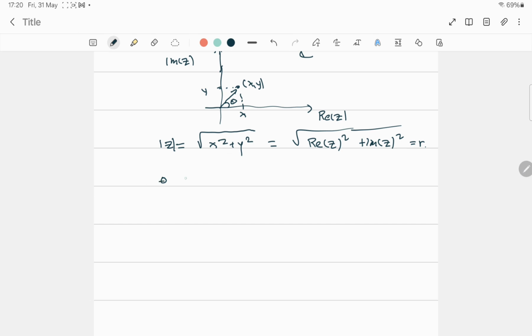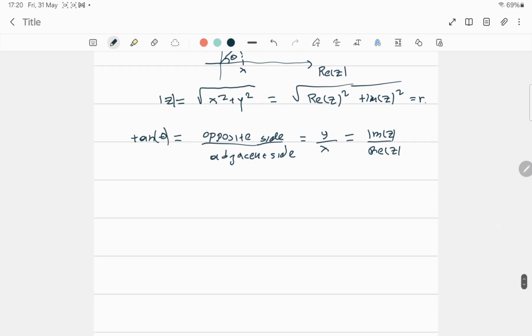So using basic trigonometry, tangent of theta equals the opposite over the adjacent side, opposite side divided by the adjacent side. So it's y divided by x, or the imaginary part divided by the real part.